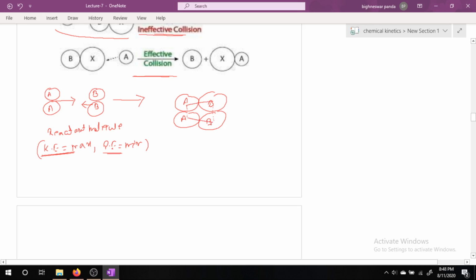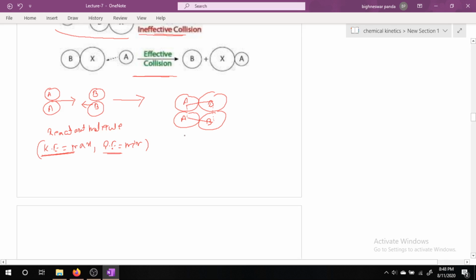What happens during collision? The bond between A and A breaks, B and B breaks, and a new bond is formed between AB and AB. Simultaneously the bond is formed and the bond breaks. Both phenomena, bond formation and bond breaking, take place simultaneously.